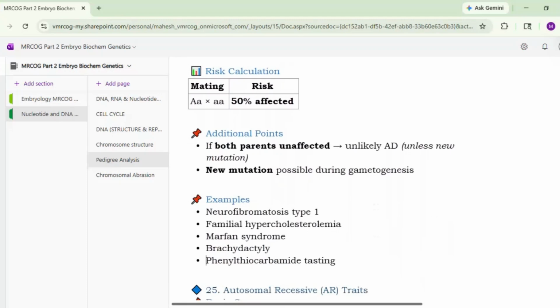So a new mutation is possible during gametogenesis. Examples of autosomal dominant disorders are neurofibromatosis type 1, familial hypercholesterolemia, Marfan syndrome, brachydactyly, and phenylthiocarbamide tasting. Okay, so these are the disorders that are autosomal dominant in nature.